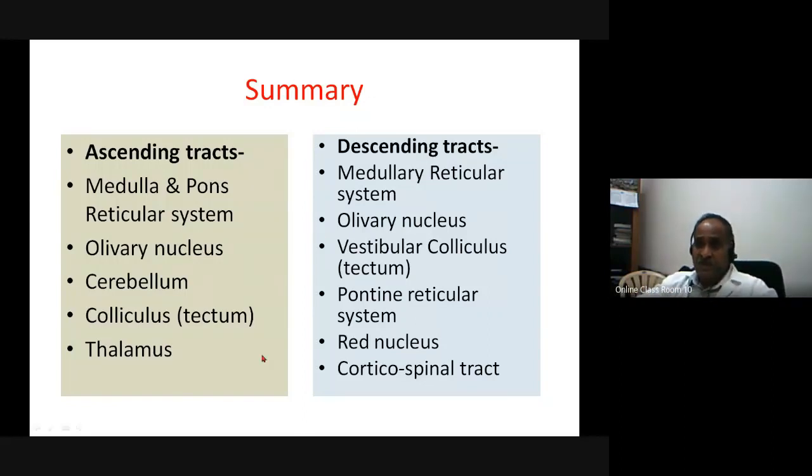So that means cerebellum per se does not talk to your spinal cord directly. The red nucleus and the corticospinal tract talk to the spinal motor neurons directly, maybe the flexor and extensor group of muscles.